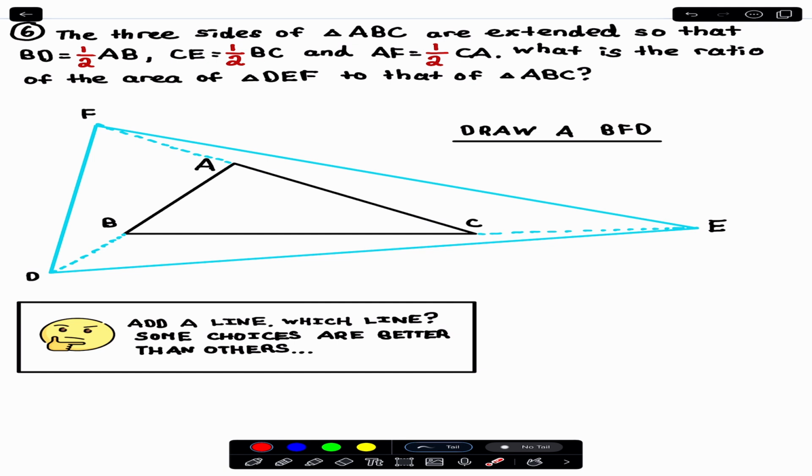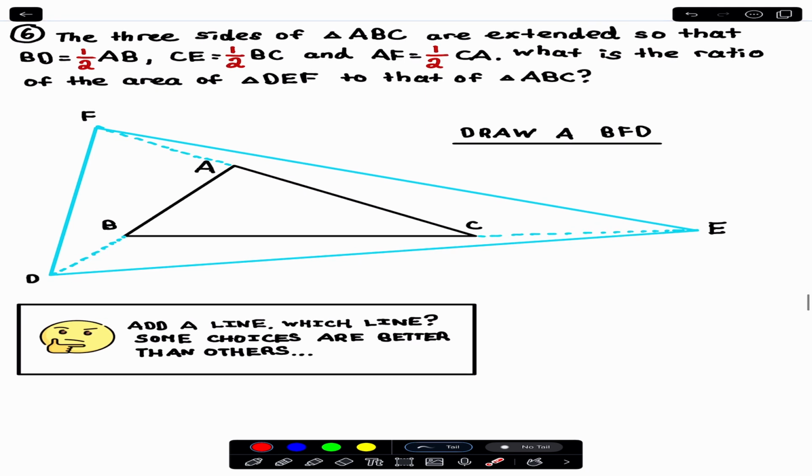So that's the thing about problem solving. You're going to have to get lots of practice to know which lines you need to add. So don't feel too discouraged if you couldn't see these 3 lines, because I'm going to show you right now. These are our lines.